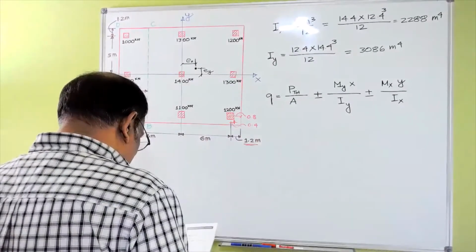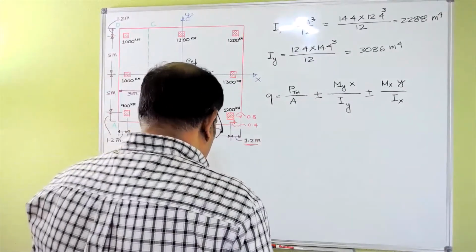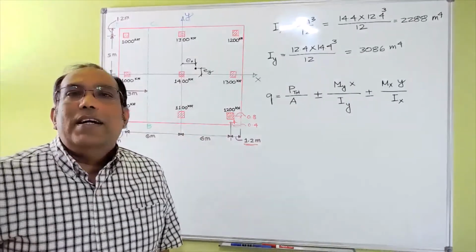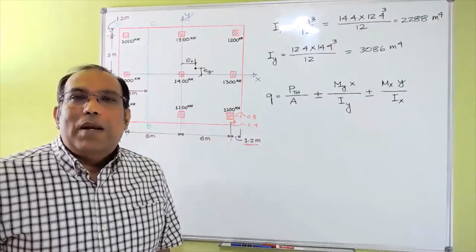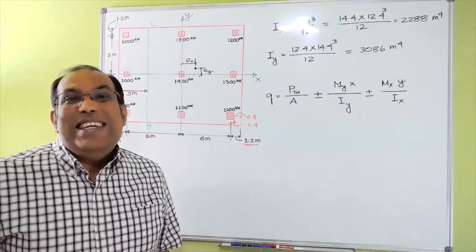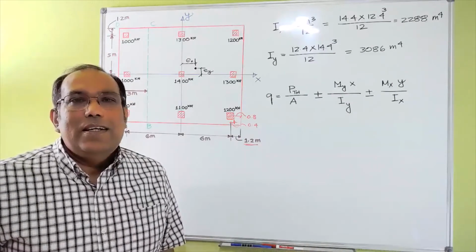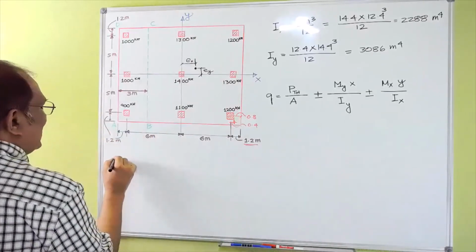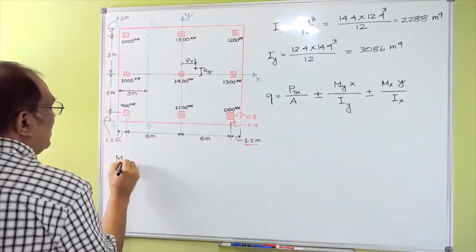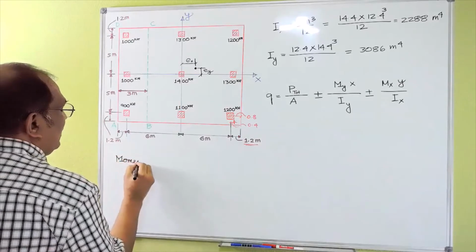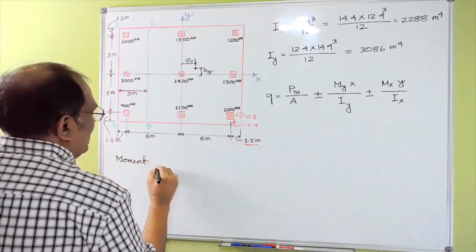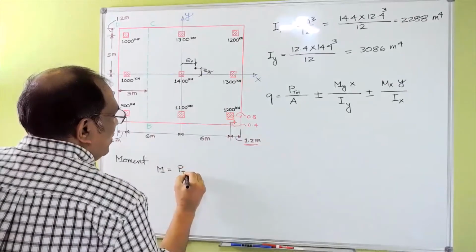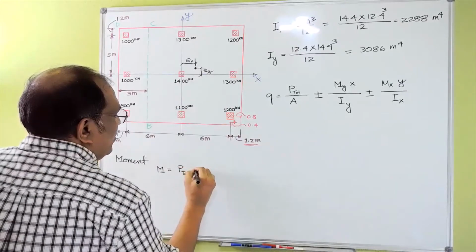That is basically equal to 10,400 multiplied by your Ex, right? Let's say the moment is P total into Ex.